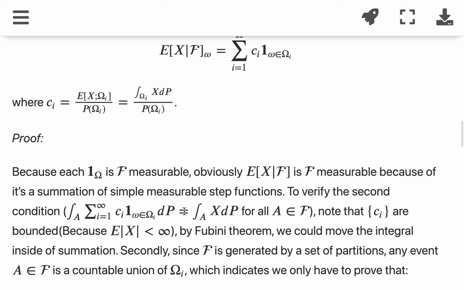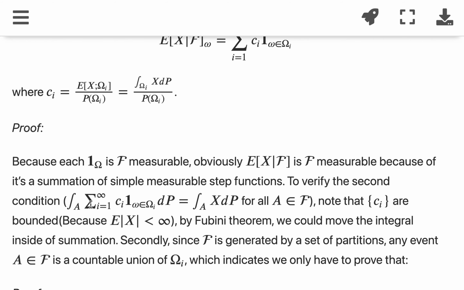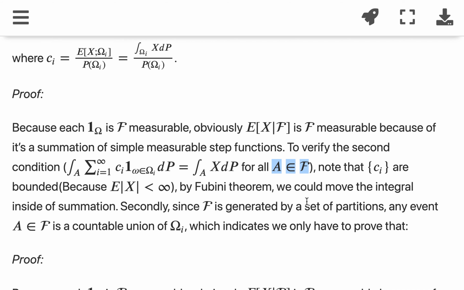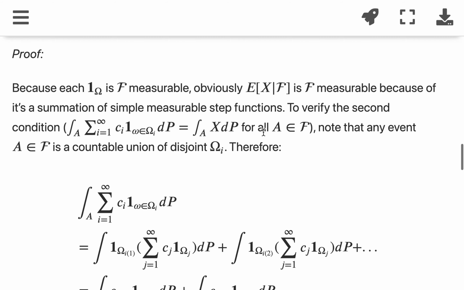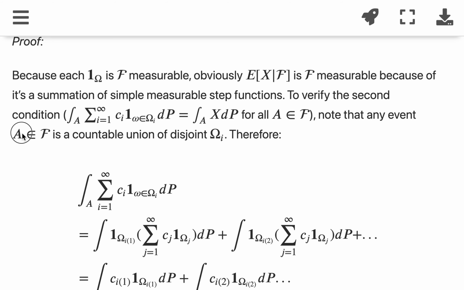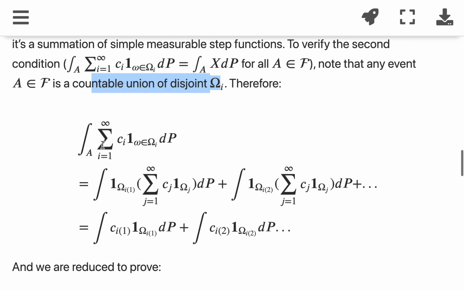Then we need to verify the second condition, which is that the integral of our candidate over any set A is equal to the integral of X over A, where A belongs to F. To prove that, we first look at A. We know that A is a countable union of omega i. Let's say A is a union of omega i_j.